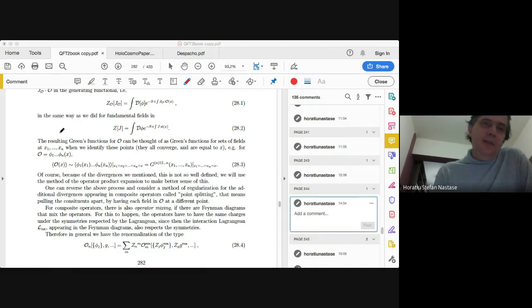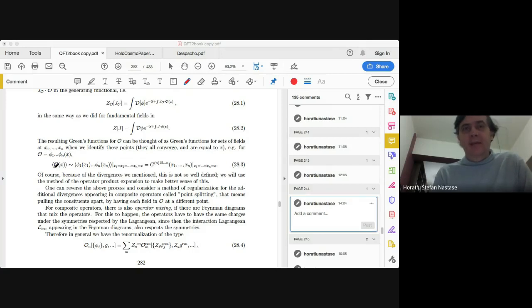So for fields, I would write the Green's function that would be the vev of phi at x1, phi at x2, until phi at xn. But since the operators are composite, they involve the fields, perhaps with some other objects, derivatives, and so on. Take as an example an operator being the product of phi 1 to phi n at x.